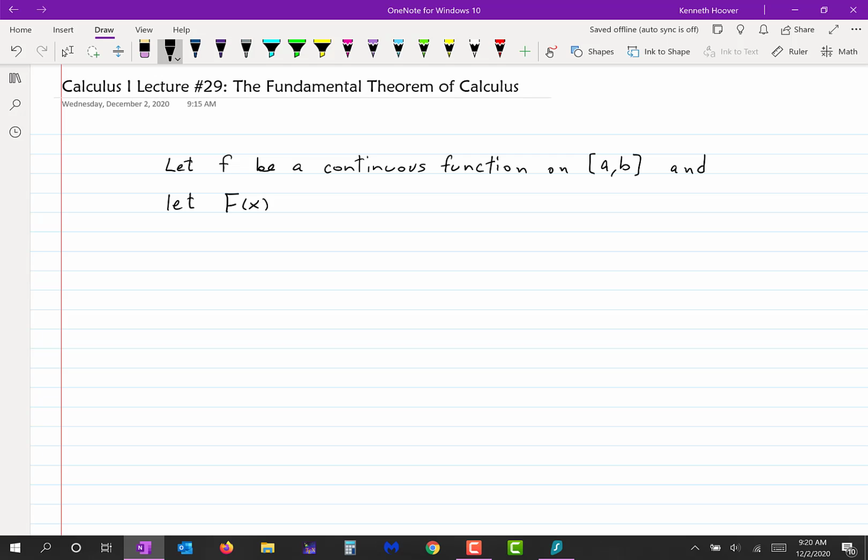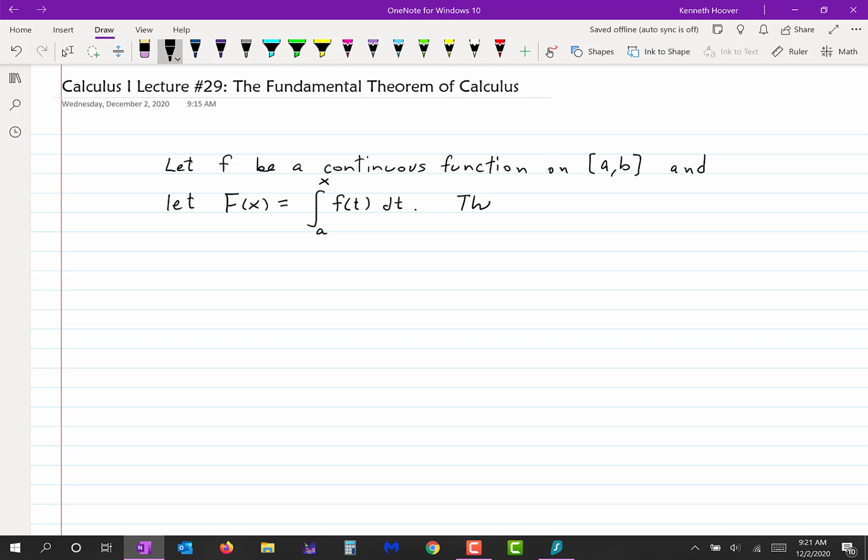Capital F of x equals the integral of little f from a to x. Okay, now I have used the variable x right there, so I can't put x here and here. I need to use a different variable. So we'll use, let's use t. Okay. All right.